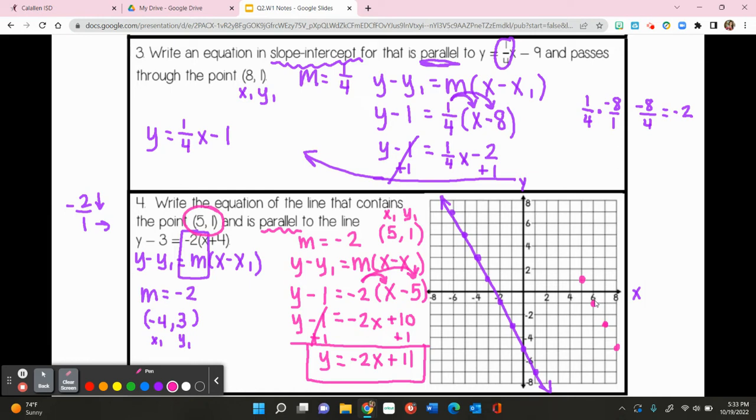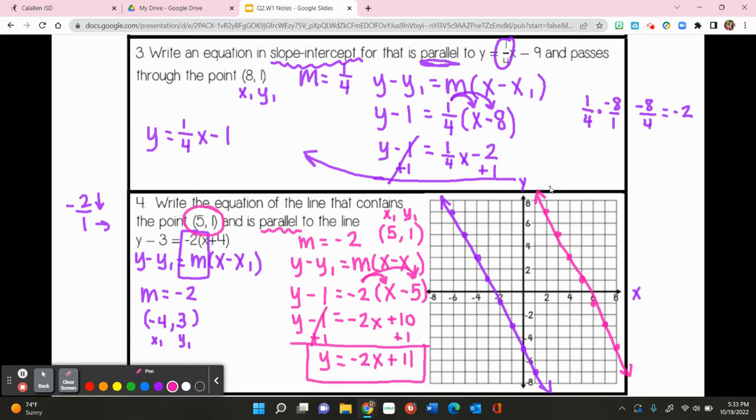That takes care of the points on the right side of (5, 1). I still have to plot the points on the left. So now I go up 2, left 1, up 2, left 1, up 2, left 1. After plotting your points, you'll see that they are parallel to each other. So that is finding the equation of a parallel line.